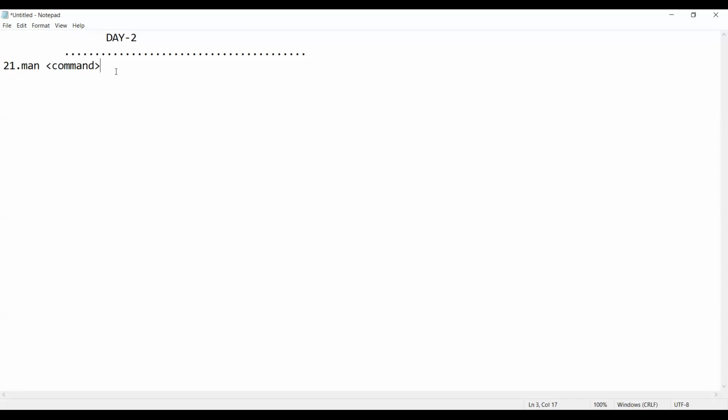Okay, so what happens? Suppose here I'm writing man ls. It gives you all the information about the ls command if you forget. So I'm hitting the enter key. Here it shows all the information about ls.